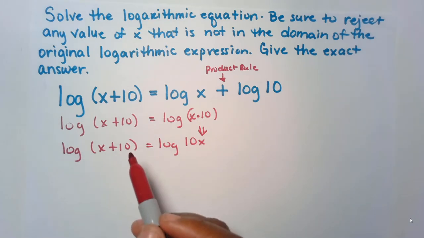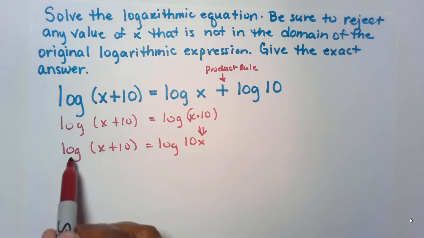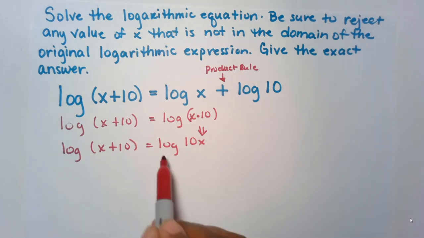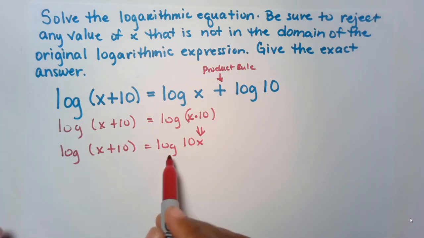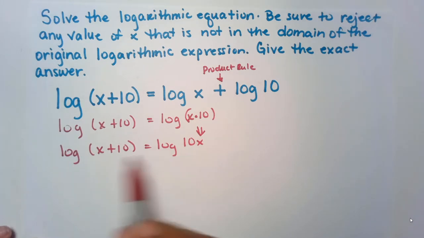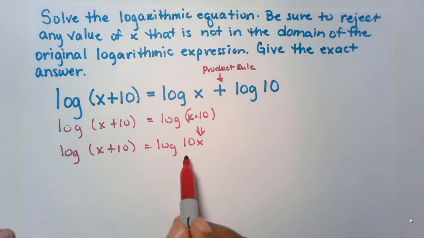Now with this property, we have a log and a log. They are the same with the common base. Remember, when the base is not there, it's understood to be 10.